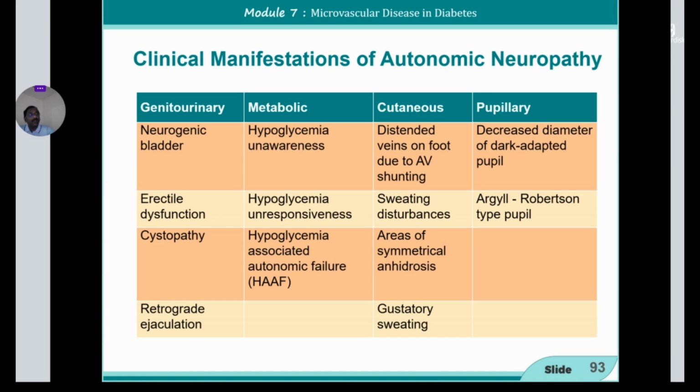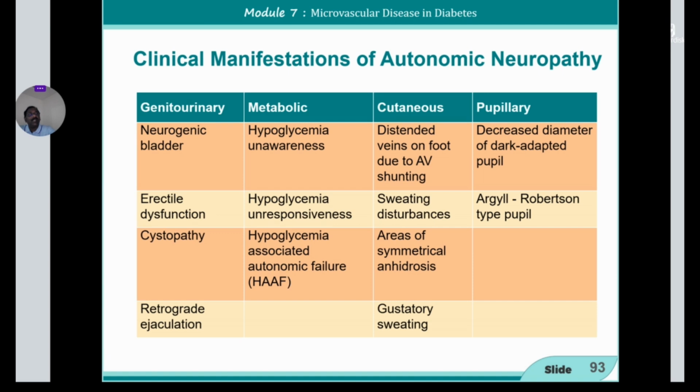They will be irritable, and they will be comatose, there will be froth in the mouth, and they may develop convulsions. Definitely they have to be admitted to the hospital, and the hypoglycemia should be corrected by the doctors by giving 25% dextrose, or maybe by other means, or steroid injections or glucagon injections, etc. So they need hospitalization.